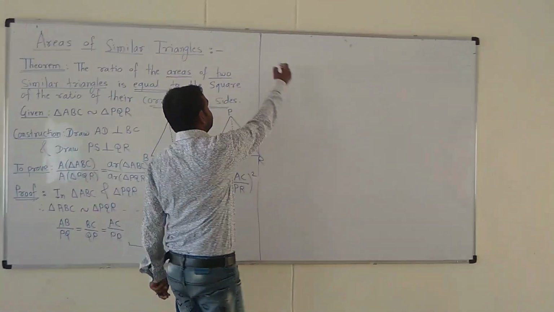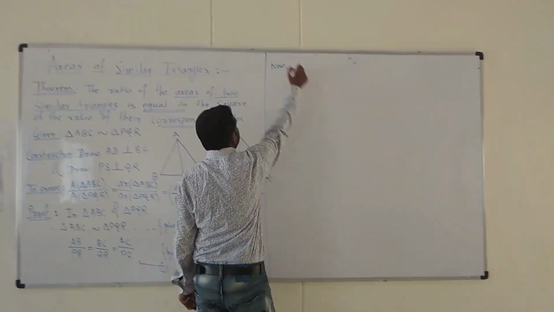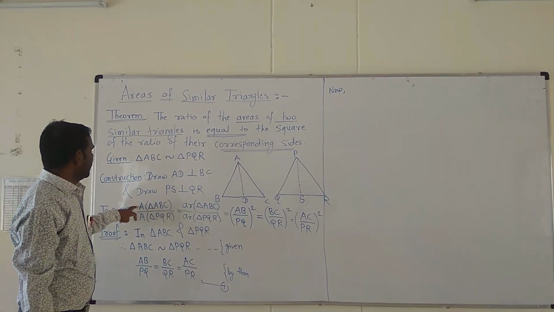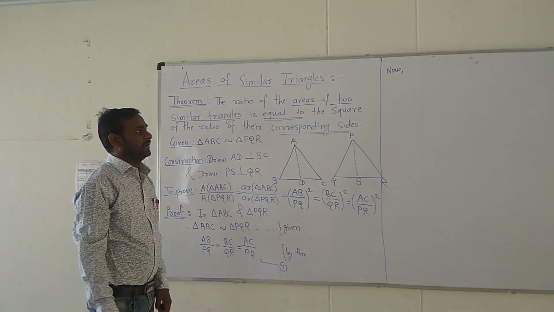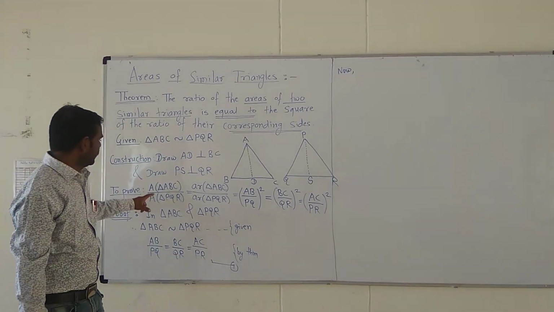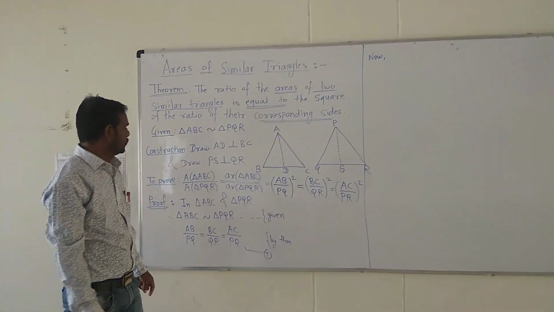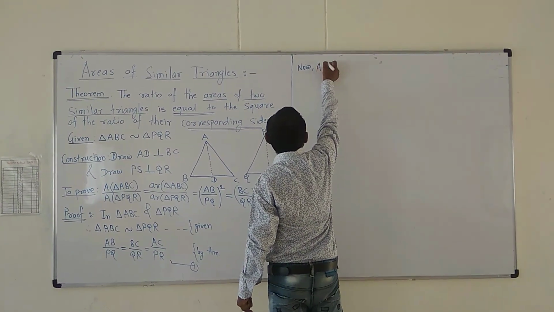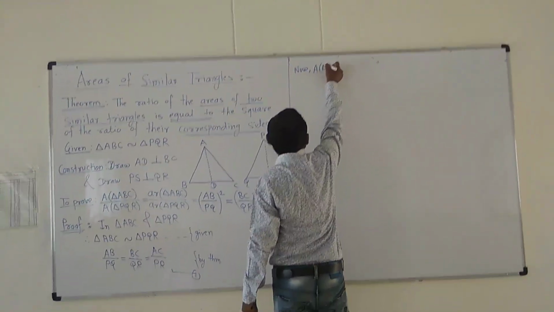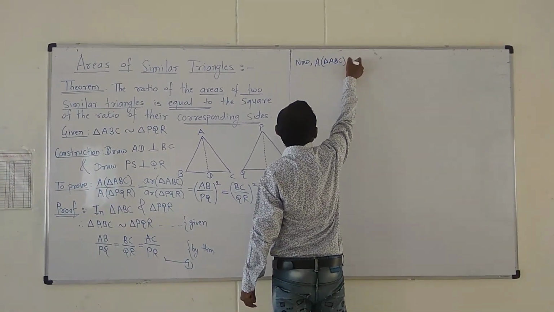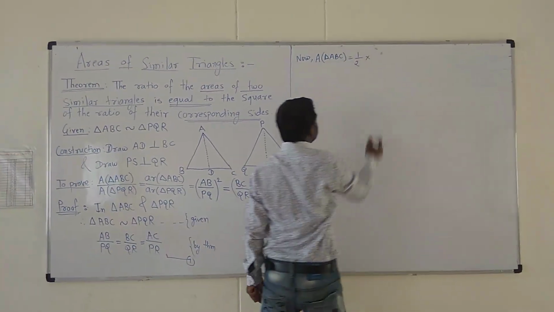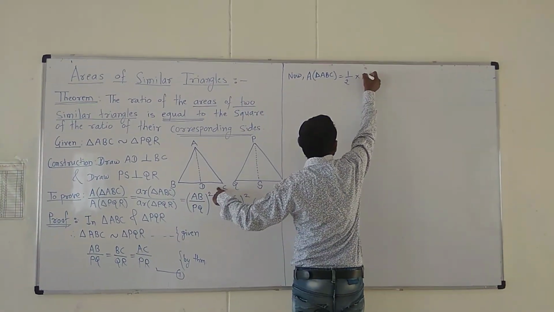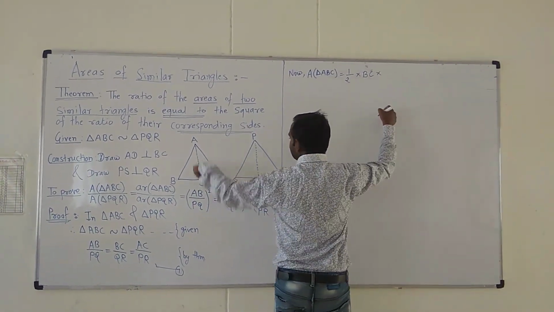Now we want the area of triangle ABC and area of triangle PQR. We know that the area of a triangle is equal to 1/2 base into height. So the area of triangle ABC is 1/2 into base BC into height AD.